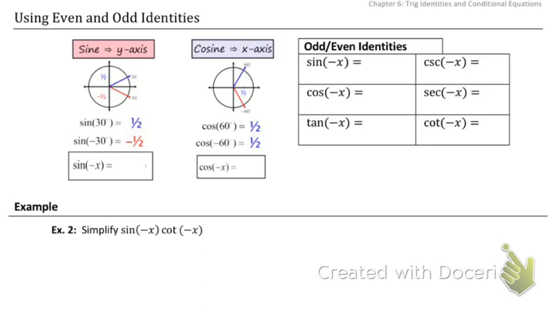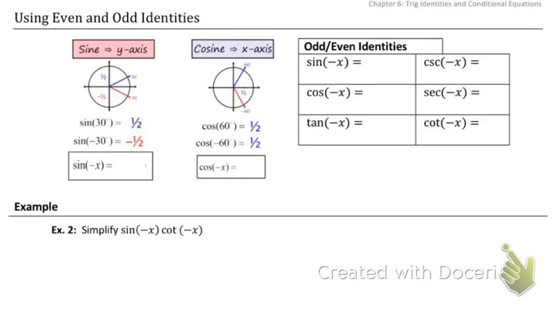All right, so this gets us into using even-odd identities. Now, even-odd identities come down to where things are positive and negative on our unit circle. It's all students take calculus. Since cosine is positive on the right side of the unit circle and negative on the left, if you look at any one of these values, if I find cosine of 60 degrees, that's a positive 1/2.